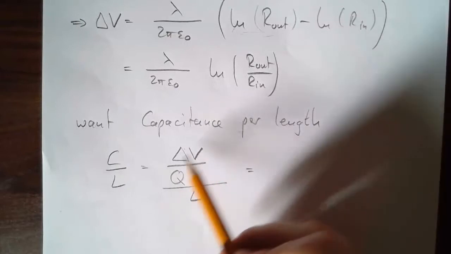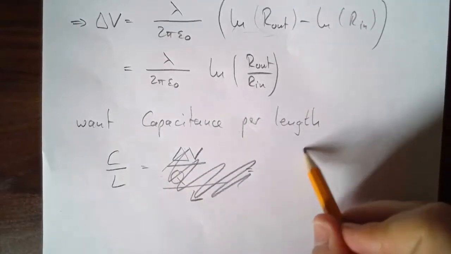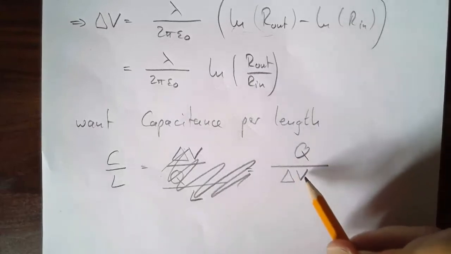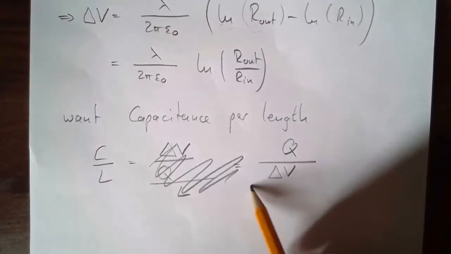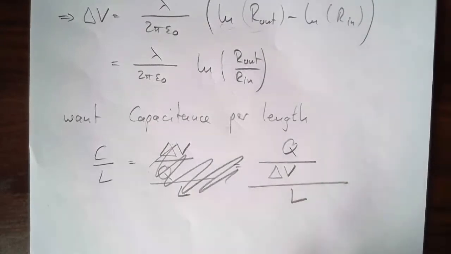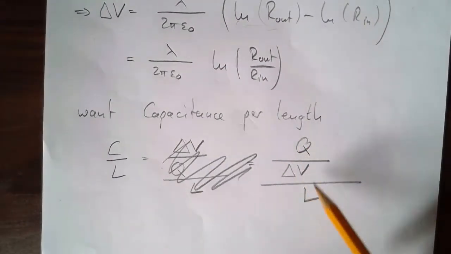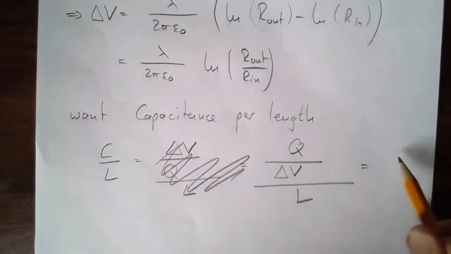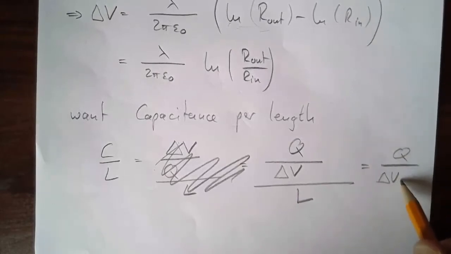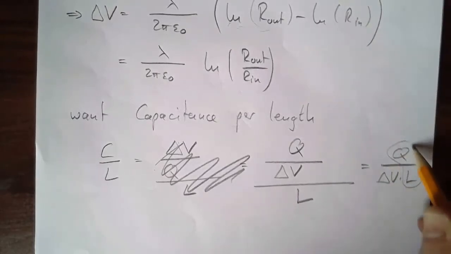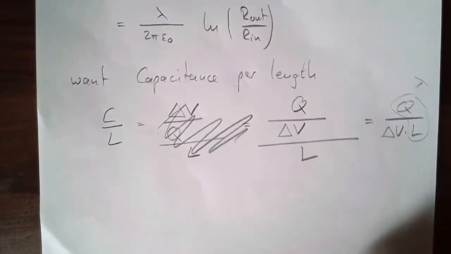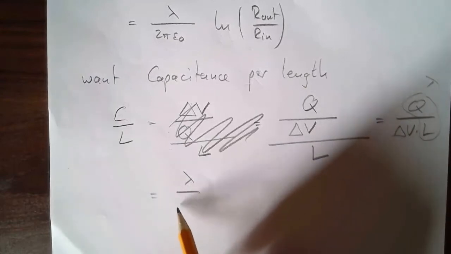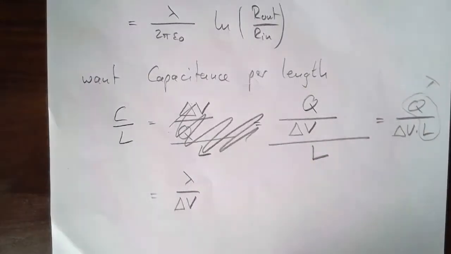Sorry, wrong way around. What am I doing? Excuse me, ladies and gentlemen, I've clearly lost it. Q over delta V, the charge per potential difference, that is the capacitance, divided by the length. So you get the capacitance per length. Of course, you can just rewrite it as Q over delta V times L, and Q over L, that is nothing but lambda. So I get that the capacitance per length is just lambda over delta V.